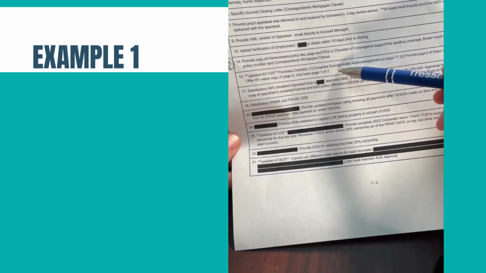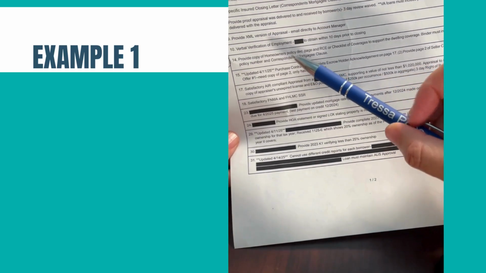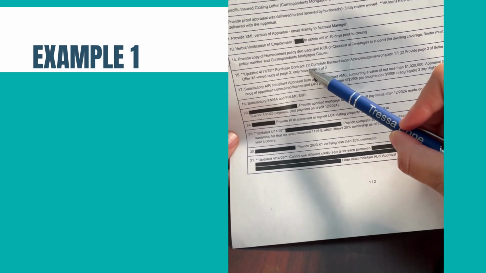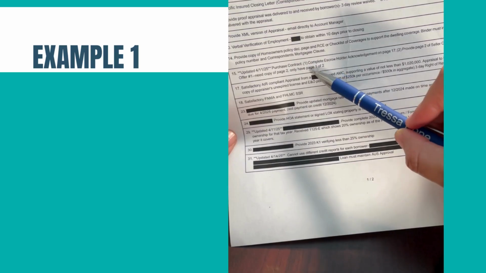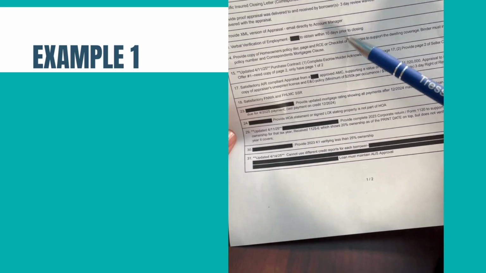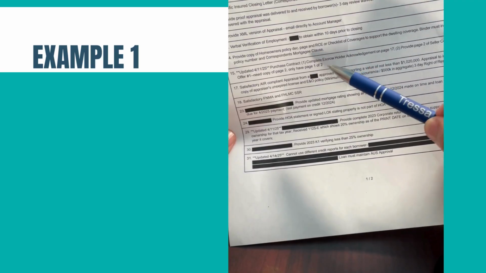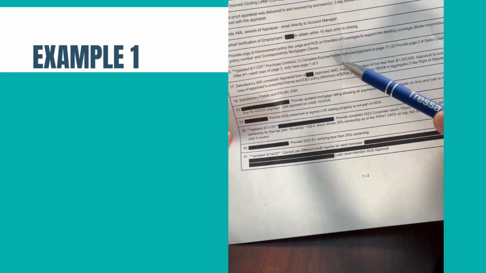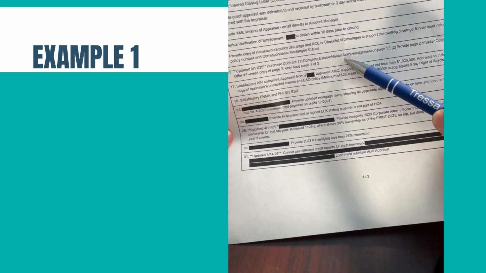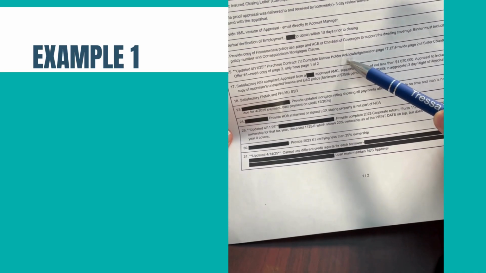Purchase contract, same thing. Now, the processor may need your help. If they contact the settlement agent and say, hey, we need something corrected on the purchase contract, and the settlement agent or the escrow officer says, well, we need the real estate agents to let us know this needs to be corrected or there needs to be an amendment, then this is something where you may need to loop in your loan officer unless they've given you permission to contact real estate agents directly.